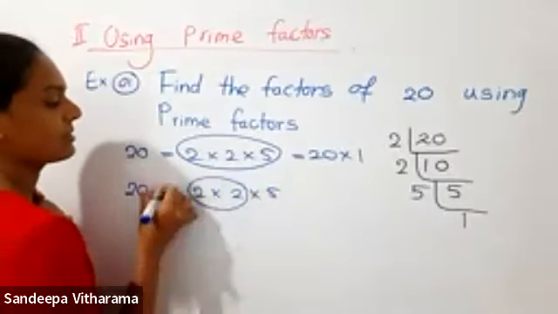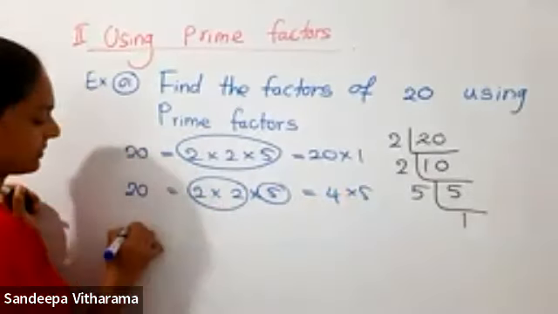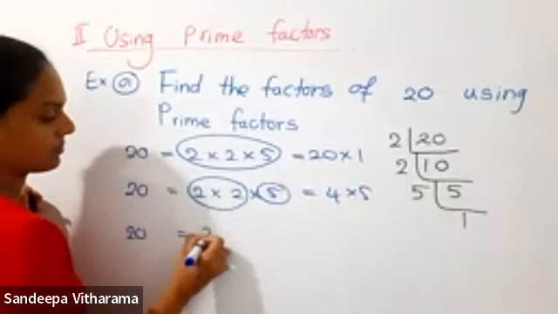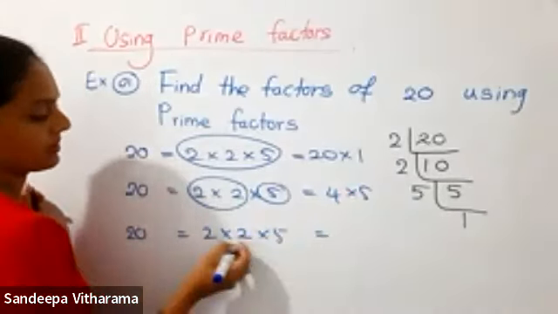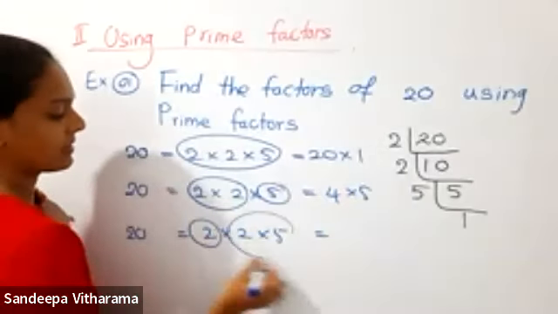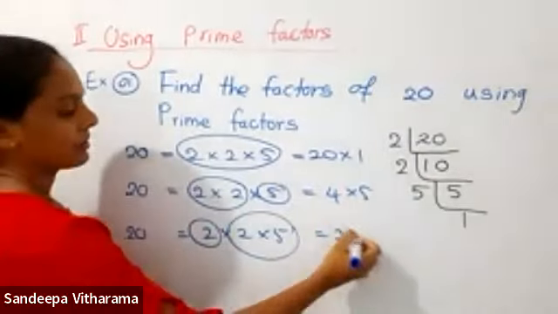Consider the first 2 digits, and next, 4 into 5, 20. The first digit and the last 2 digits: 2 into 10.